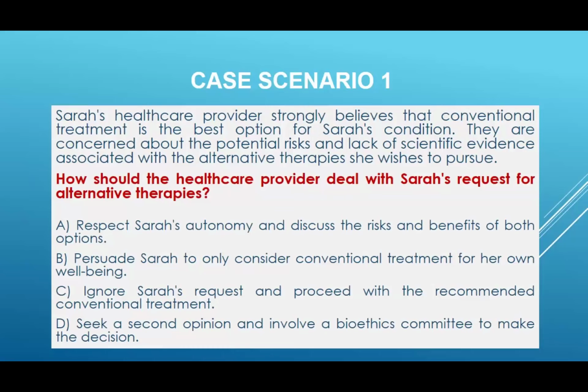The choices are: respect Sarah's autonomy and discuss the risks and benefits of both options; persuade Sarah to only consider conventional treatment for her own well-being; ignore Sarah's request and proceed with the recommended conventional treatment; seek a second opinion and involve a bioethics committee to make the decision. What is the best answer here? If you know, please write the letter of the answer.